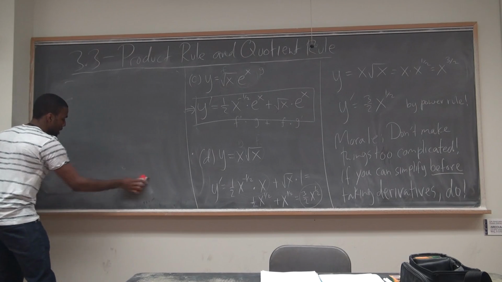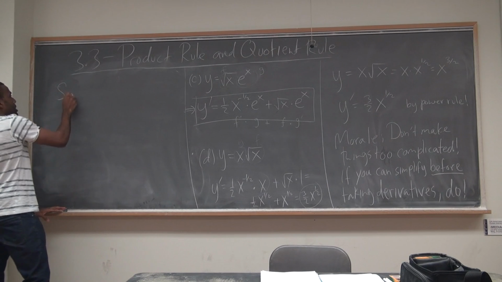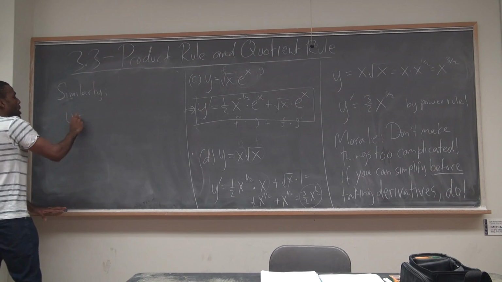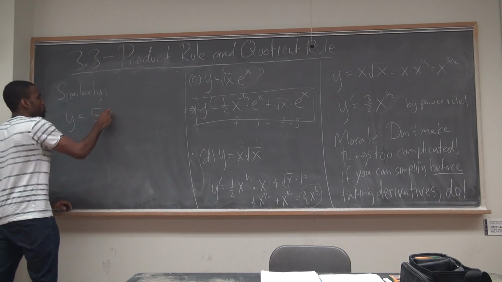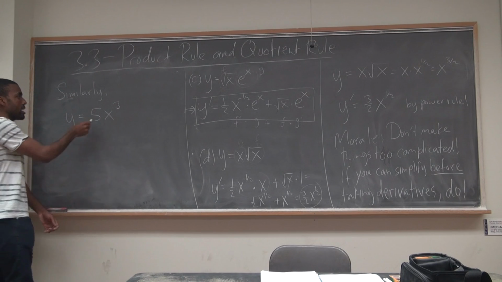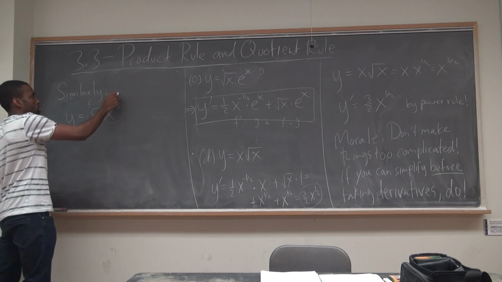In a similar way, if my y was something like 5x cubed, technically I could have used the product rule here. I can look at this as a constant function f and a function g.